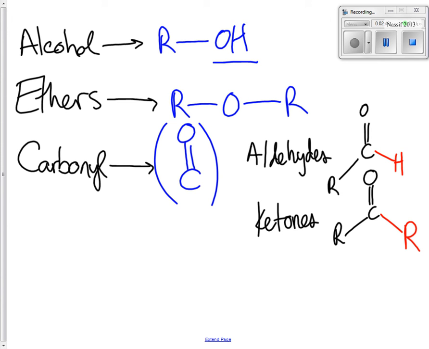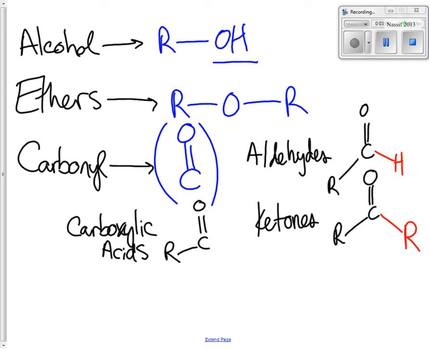Everyone's favorite, the carboxylic acids. Now how do carboxylic acids look compared to ketones? Carboxylic acids have that same R group bound to the carbonyl, except this time, what's bound to the end? This time, the carboxylic acid group has an OH bound to the end. And next we have our esters.